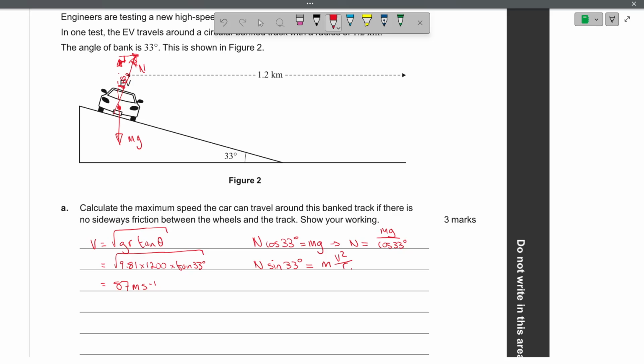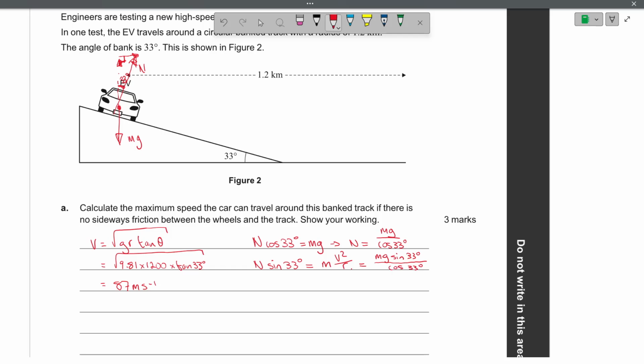But we know what N is. N has a value of mg over cos 33, so I can replace that, and the sine 33 is going to live in the numerator with the mg, over cos 33.